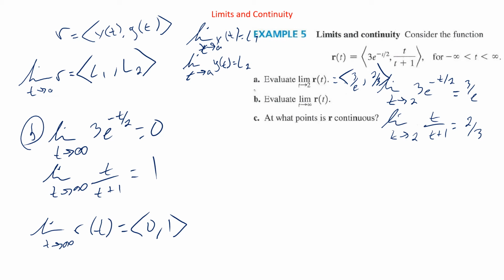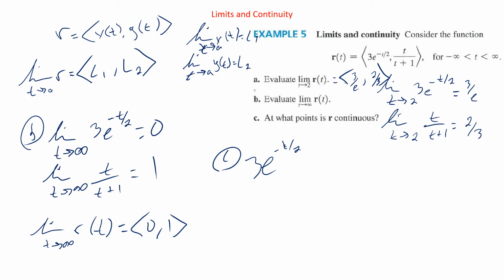And then part C, we're looking for where it is continuous. The first piece, 3e to the negative t over 2, will be continuous for every value of t because we're not going to have 0 in a denominator, not in the exponent.